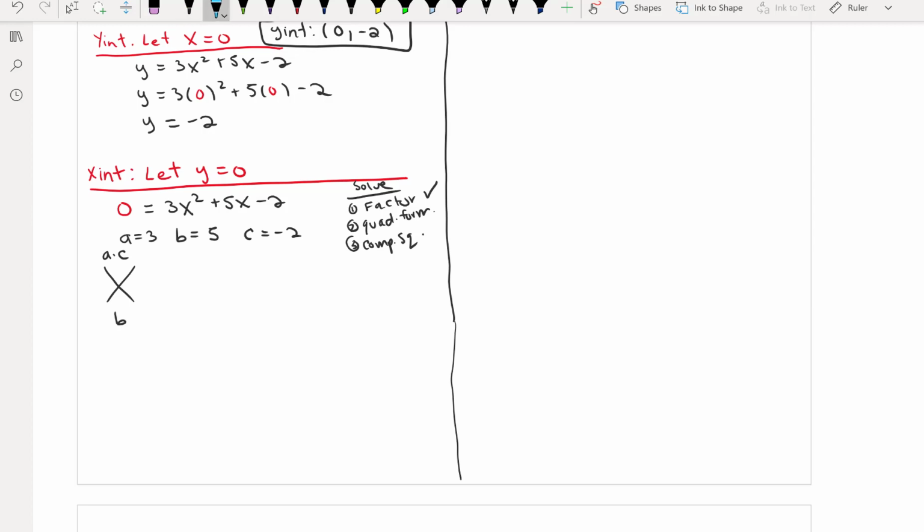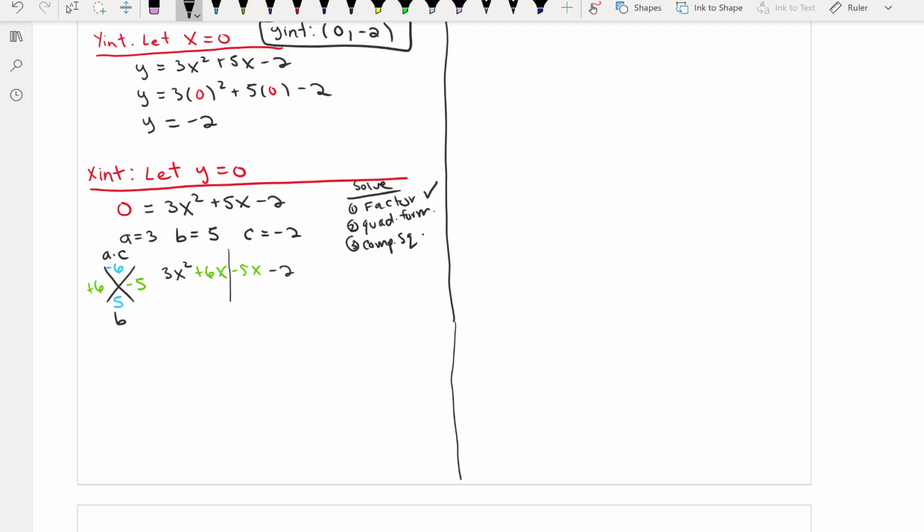So A times C gives me a -6. My B value is 5. So I'm going to have this as a +6 and a -1. So I'm going to rewrite my equation as 3x squared plus 6x minus 5x minus 2.